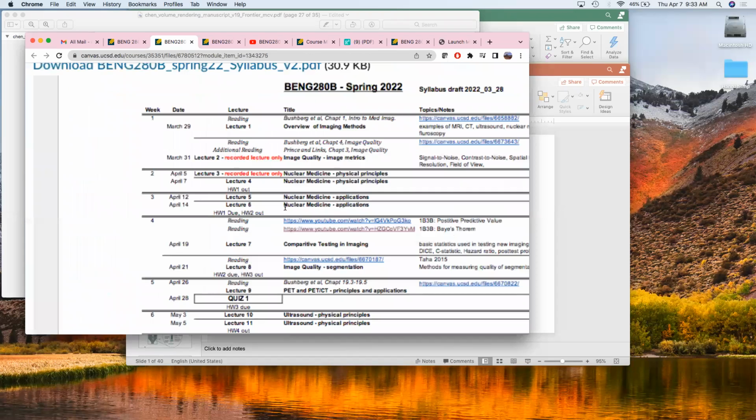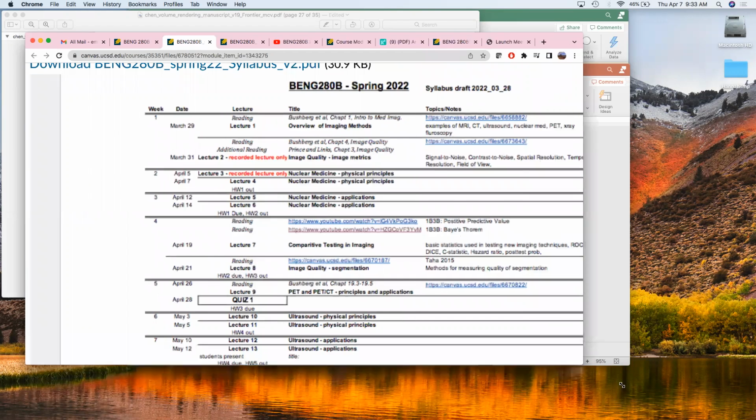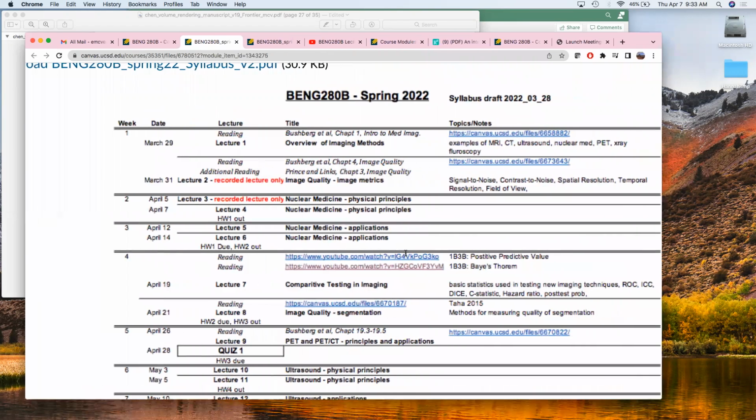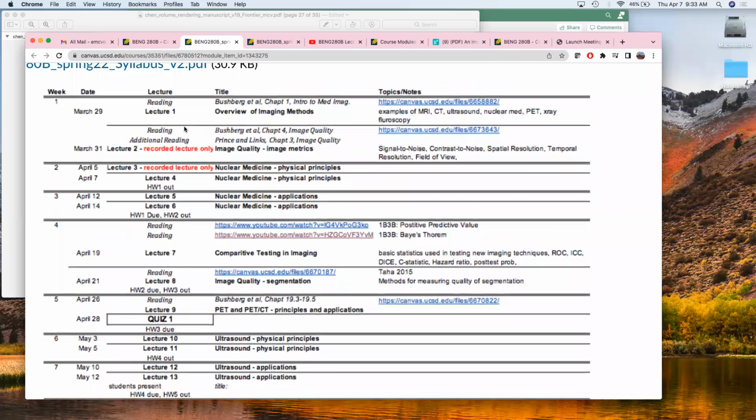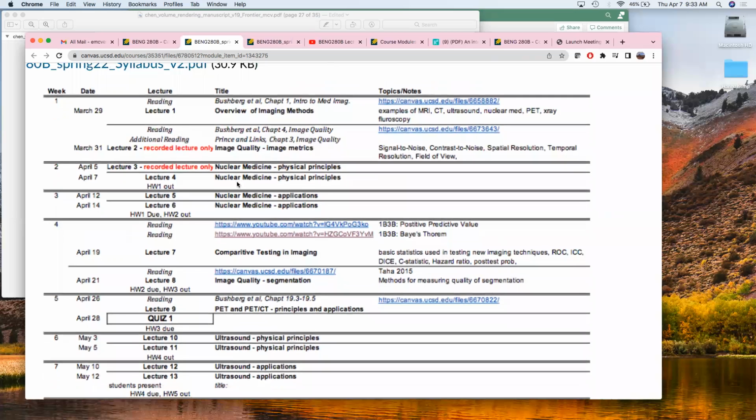So if we zoom in here to where we're going to keep going with nuclear medicine today. I hope to get homework 1 out by this evening. I want to go home and work on it. And it'll mostly be problems about looking at image quality and how to measure it with simple image analysis software.